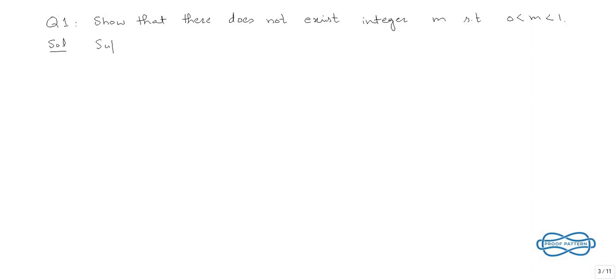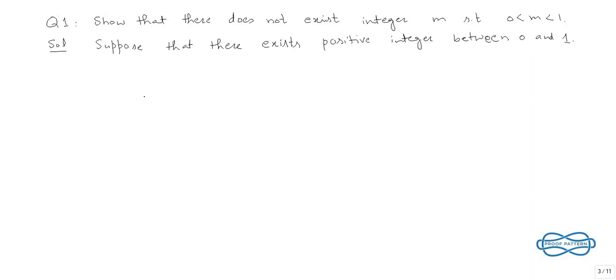Suppose, on the contrary, that there exists a positive integer between 0 and 1.